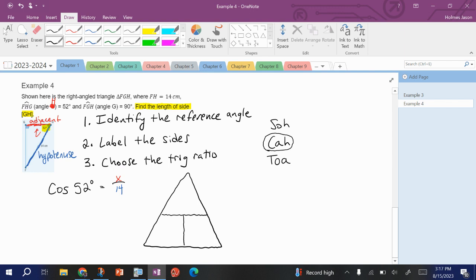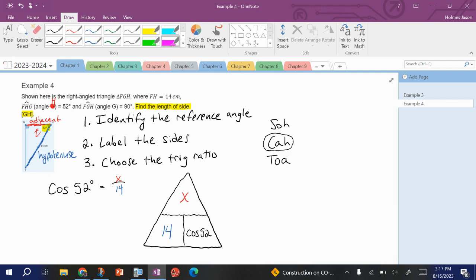I'm going to start with this cosine of 52 degrees, and I'm going to put cosine of 52 down in the bottom right corner. Now I'm going to use the fraction x over 14, and I'm going to put x in the top of the triangle, and I'm going to put 14 in the bottom left.